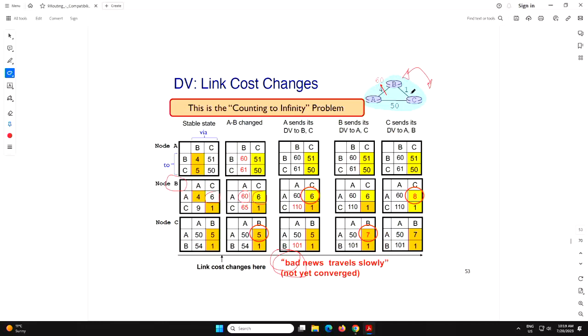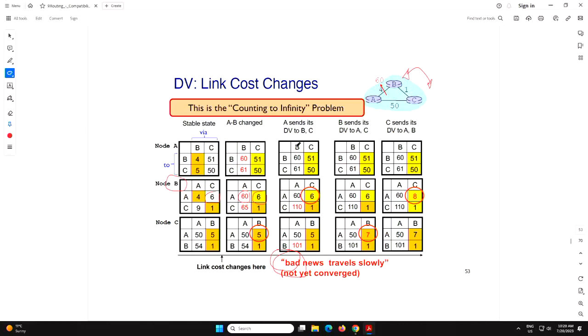In the computations, whatever is the smaller, they accept it, oblivious of the fact that they are deceiving themselves, because the fact that C is advertising that it can reach A with a lower cost than 60 is because C learned it from B in the first place, right? And then B is now believing C. And this is creating the problem.